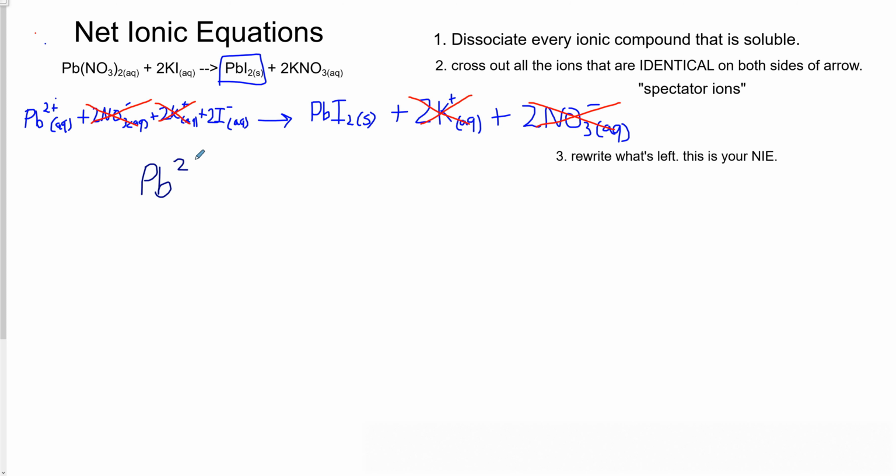The Pb2+ ions from the lead nitrate are going to hook up with the two iodide ions from the potassium iodide, and they're going to form lead 2 iodide.